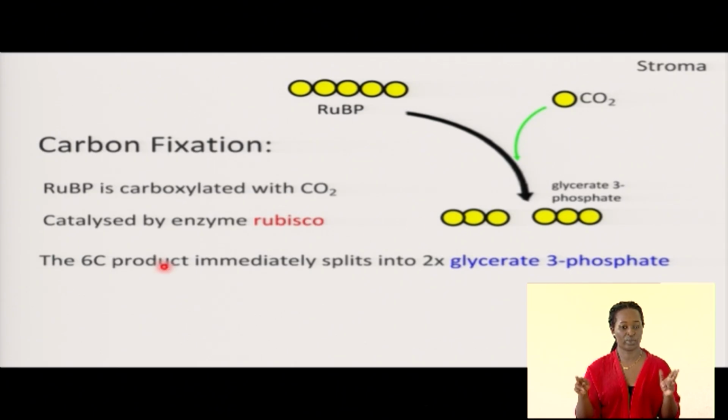Like we just said, the splitting is due to the high instability of the compound once the 5-carbon compound adds carbon dioxide to form 6, highly unstable, breaking into 2 3C compounds. So this is a 3-carbon. This is a 3-carbon. Maybe I need to write it. So we write 3C, and we also have another 3C.